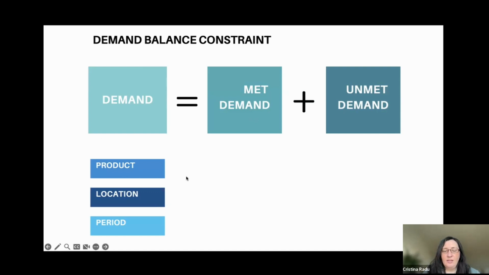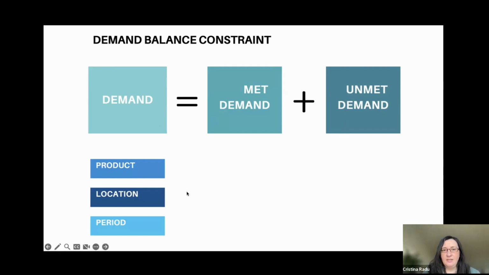And the dimensionality in this constraint is product location period, and this applies to each of the variables. So first the input, demand, is on product location period, and the two variables have the same dimensionality, but also the constraint, right? So we need to pay attention to the dimensionality of the variables and the dimensionality of the constraint.